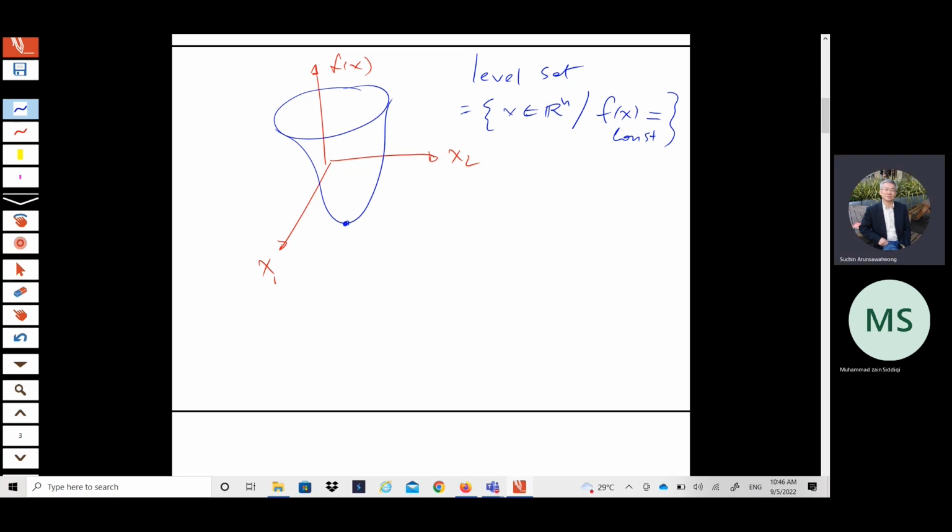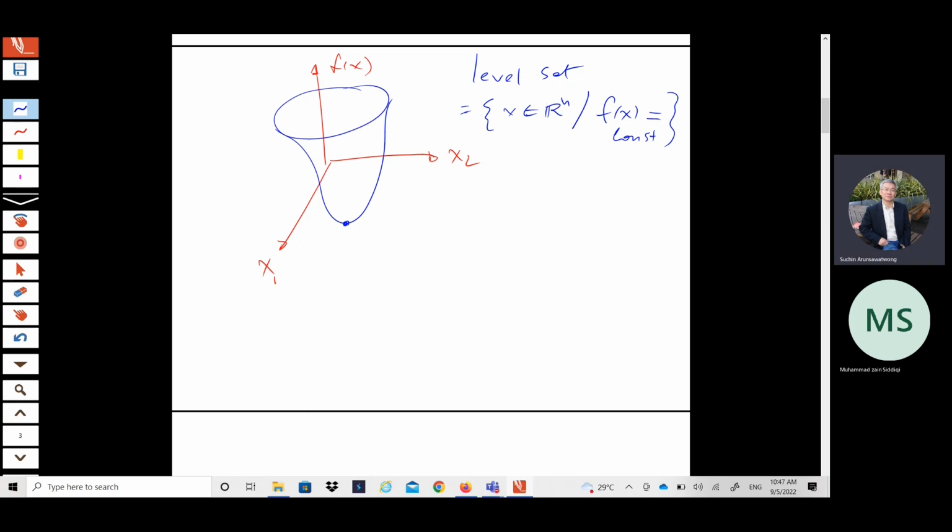This is a plane parallel to the x1, x2 plane, and it will cut the surface. When we project this onto x1, x2, we have a contour. Any x1, x2 on the contour gives f(x) equals constant.